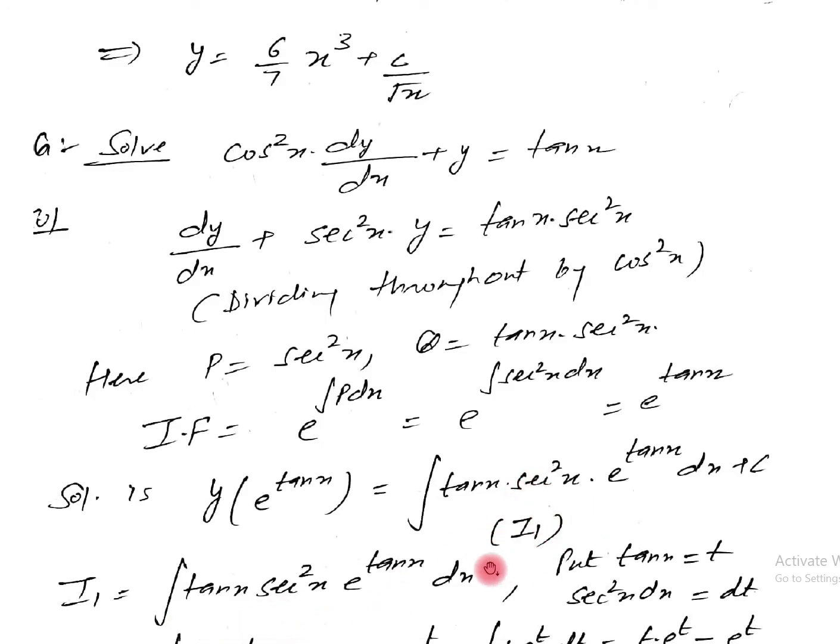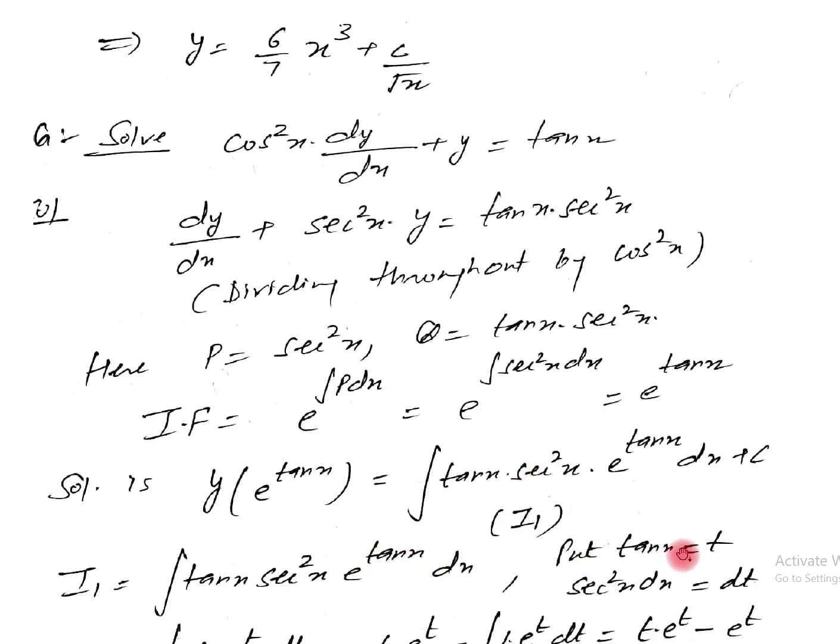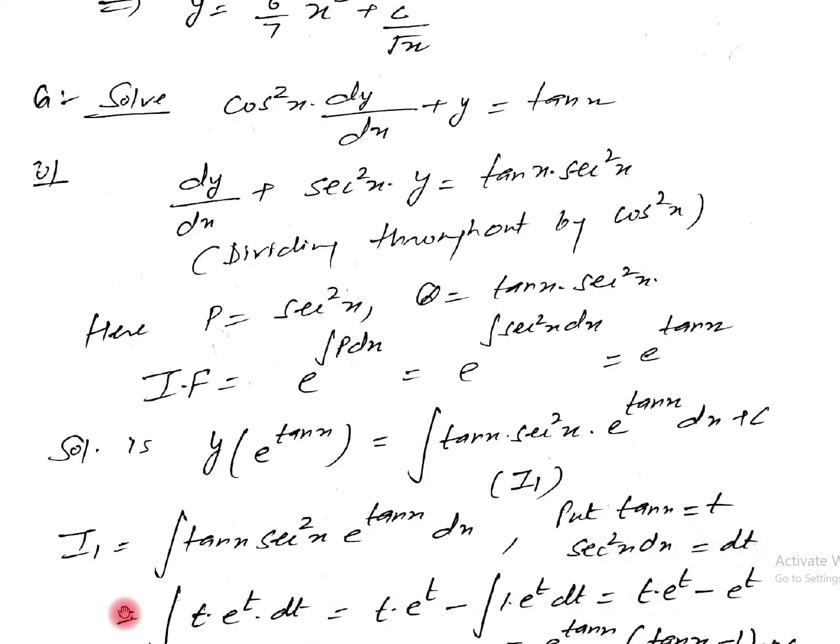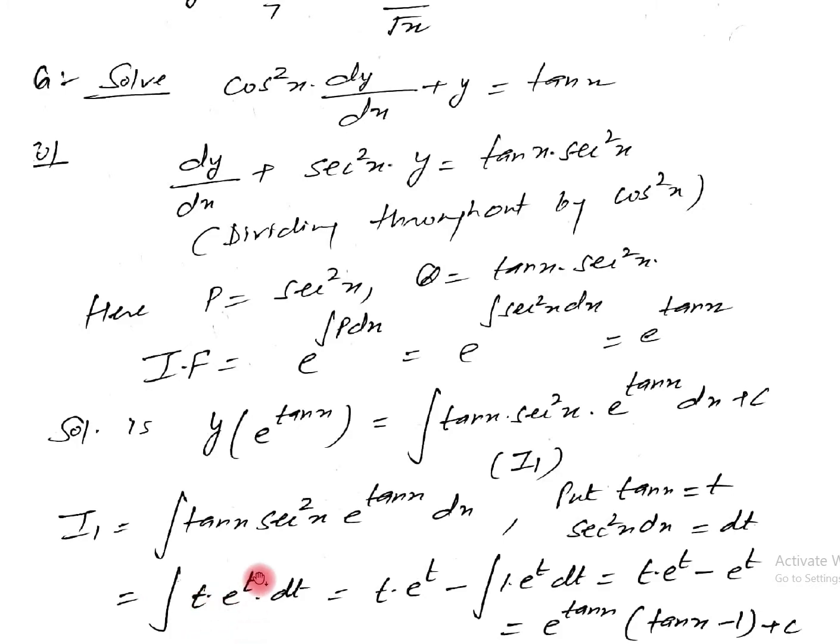Now putting 10x equal to t, it becomes secant square x dx equal to dt. So our I1 becomes integral of t into e raised to power t dt. Now we can integrate by parts: t into integral of e raised to power t, minus integral of derivative of t times the integral of e raised to power t dt. Integrating again, we get t into e raised to power t minus e raised to power t.